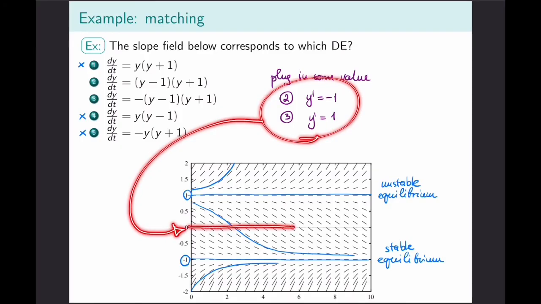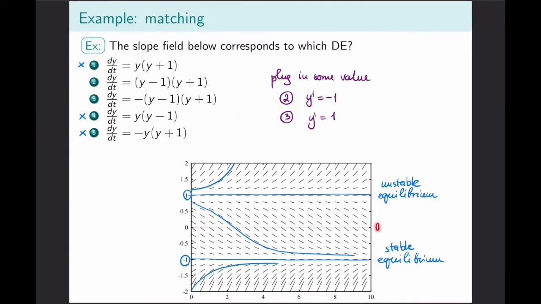Y equals 0 is the horizontal here, because remember that this is y prime and this is values for y. So y equals 0 are all of these slopes here that are all the same. So this slope right here, does that look like a -1 or a +1? Well, it's pointing down, it's decreasing, so it's most definitely negative. Independent of what the actual value is, it has to be a negative number, which means that the second equation is my only potential candidate.